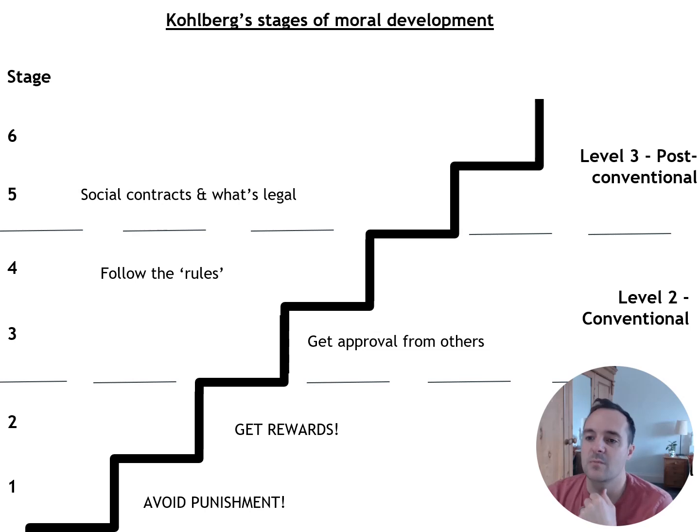So this is basically taking the rules of what makes you a good person and moving it up to the next level, and recognizing that there are certain obligations that we have to society, and those are usually put into law.